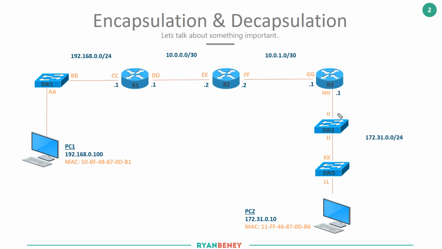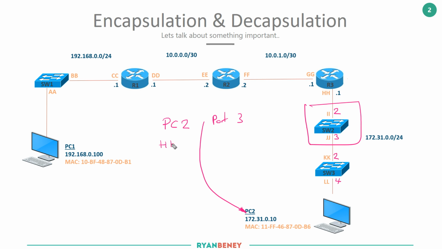So for example, we could say that this was port 2, port 3, port 2, port 4, and it would say in this MAC address table that PC2 of MAC address, this MAC address down here, is reachable out of port 3, and HH, which is router 3, is reachable out of port 2. So remember, as layer 2 frames come into the switch, the destination and source MAC address is looked at, but it's switched to the outgoing port.